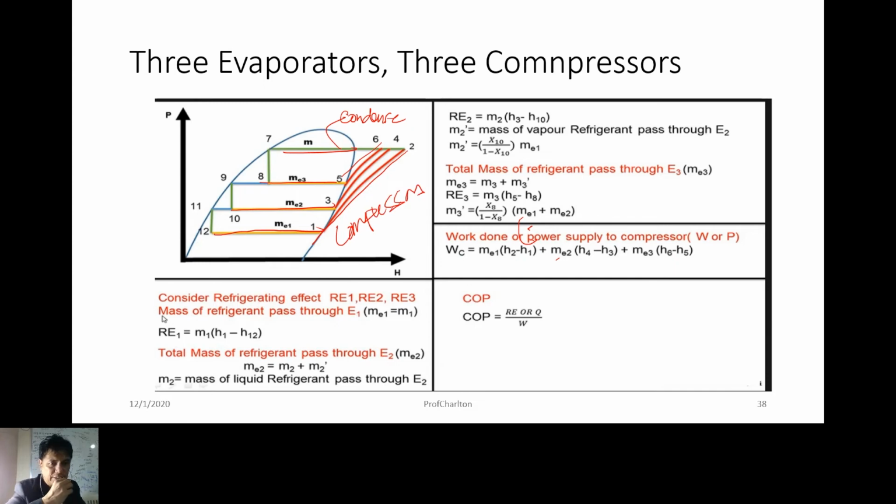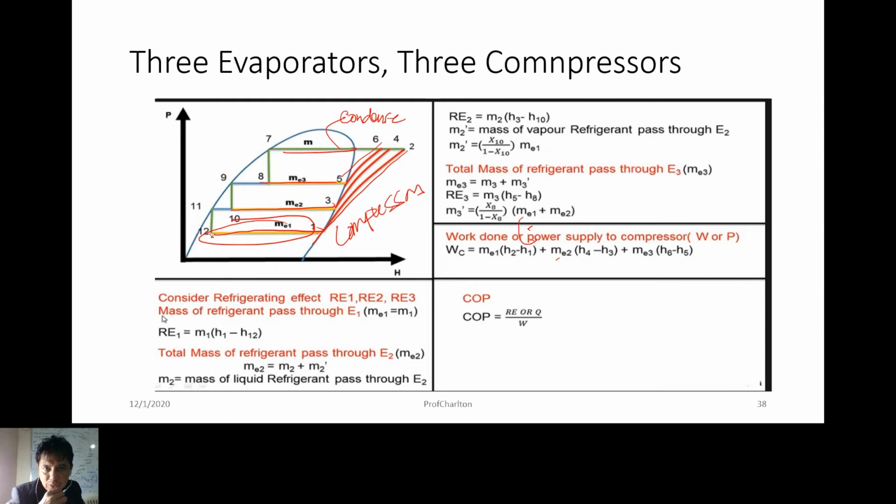How do we get the refrigerant flow? We have to get it so that we can get the capacity. The cooling capacity of the system is this: you have to add the 3 refrigeration effects. Look at this. For evaporator 1, you have mass 1 times H1 minus H12.